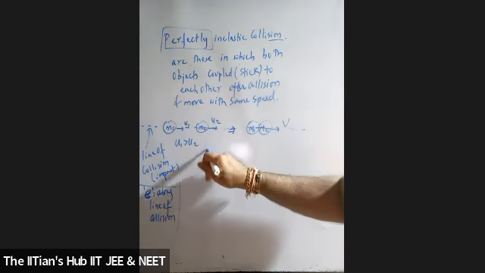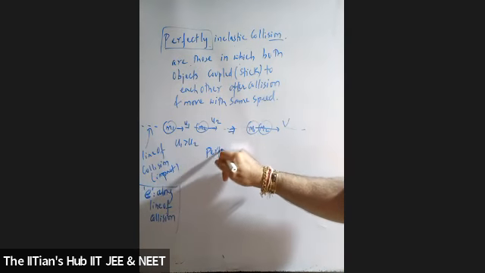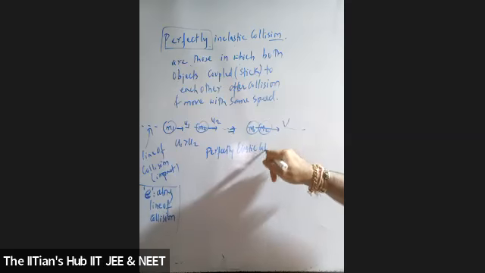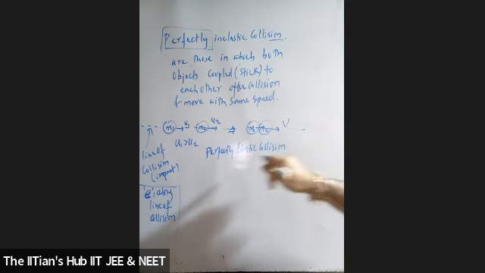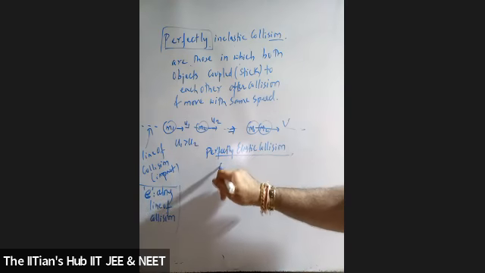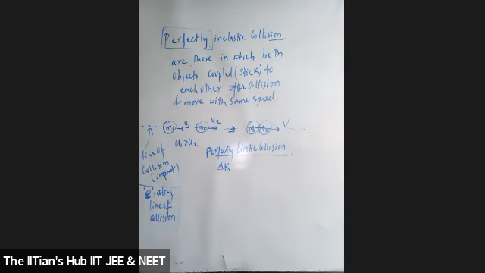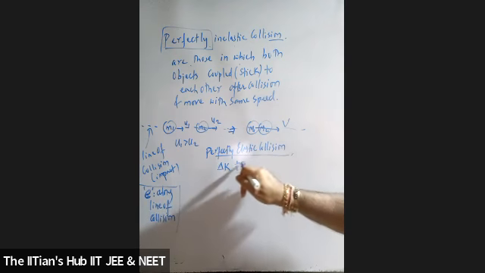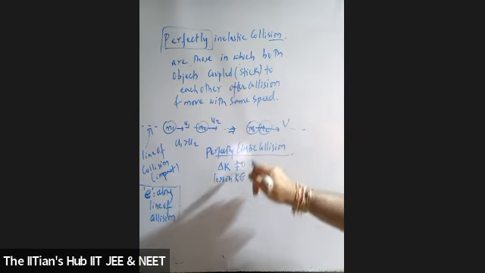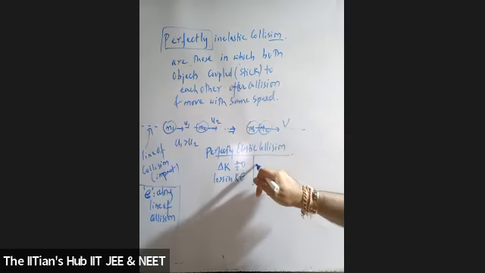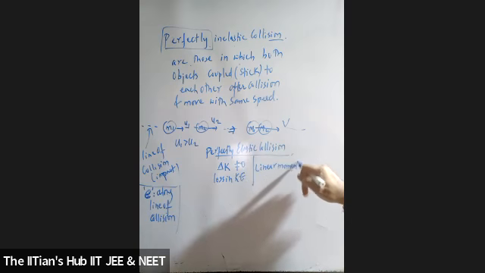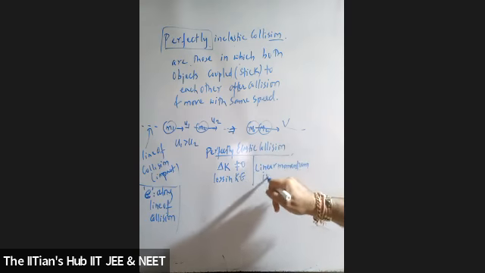Since in a perfectly inelastic collision, the change in kinetic energy is not equal to 0. That means there is loss in kinetic energy. Is linear momentum conserved? Yes, linear momentum is conserved.